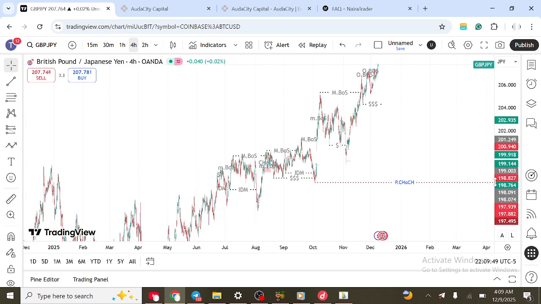So what I want to show here is another interception concept. Let me show you here, and then you will see how the market behaves.